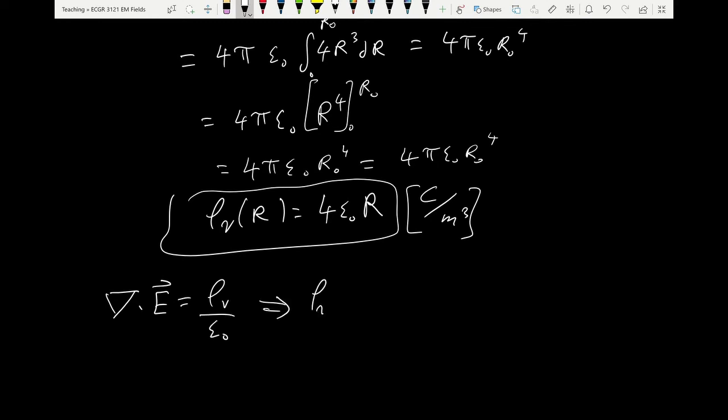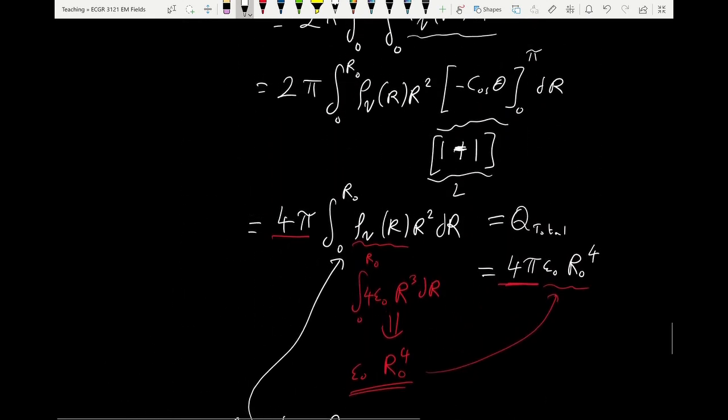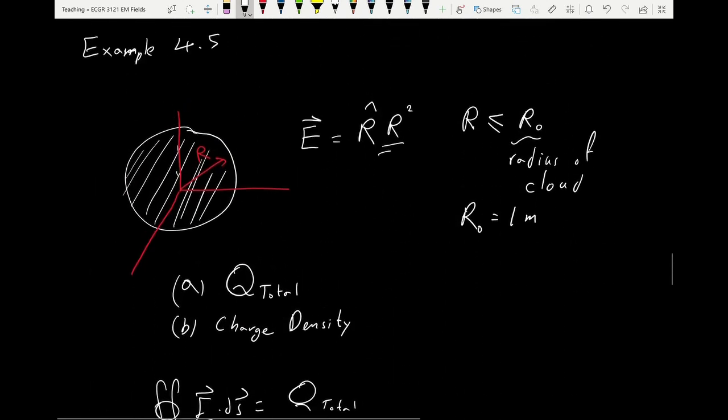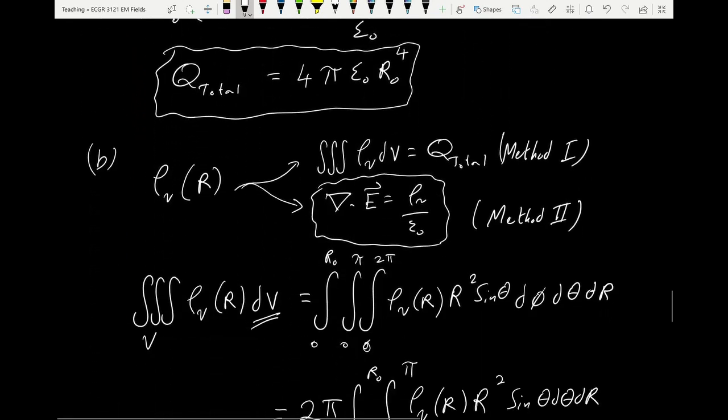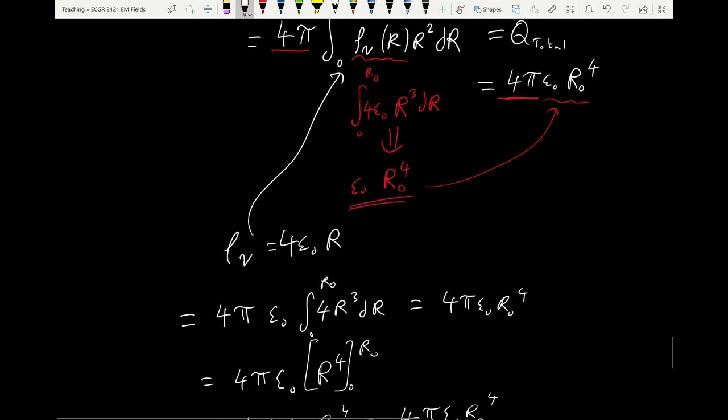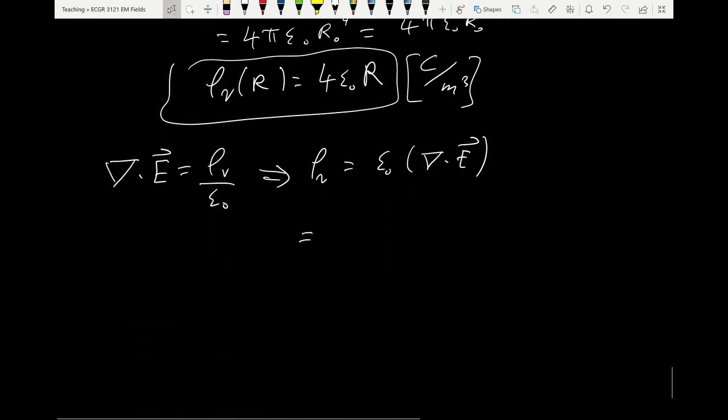So rho v is going to be epsilon naught times the divergence of E. We can write the divergence formula in spherical coordinates, but because E in this case has only an r hat component, and even that component is not a function of theta or phi, the components of the divergence coming from theta dependency or phi dependency will be 0.